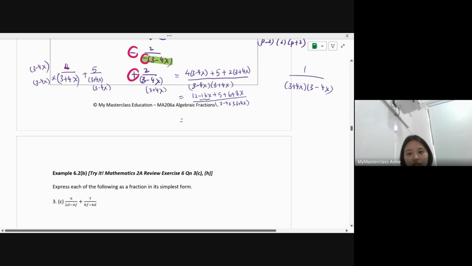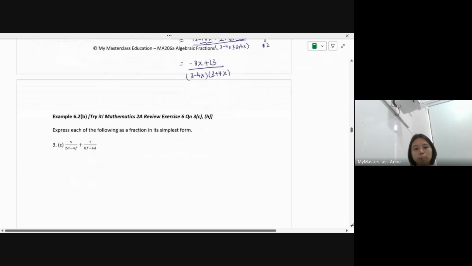Minus 16x plus 8x, so minus 8x. 5 plus 6 is 11, plus 12, 23, divided by the same denominator. This is your answer. Now we do the next question.